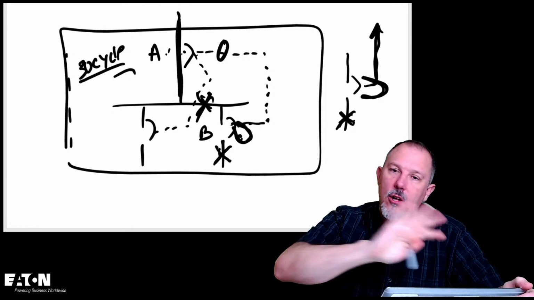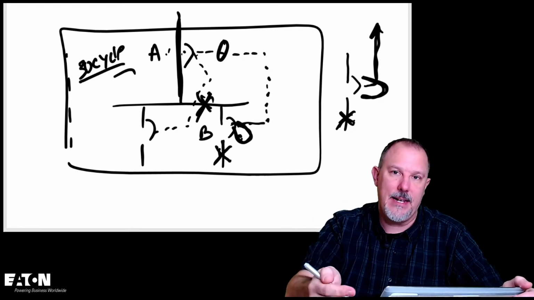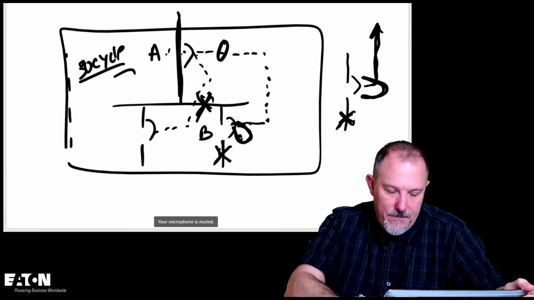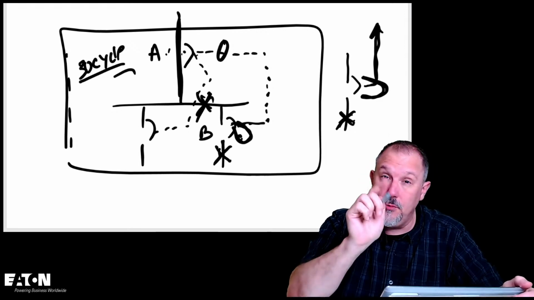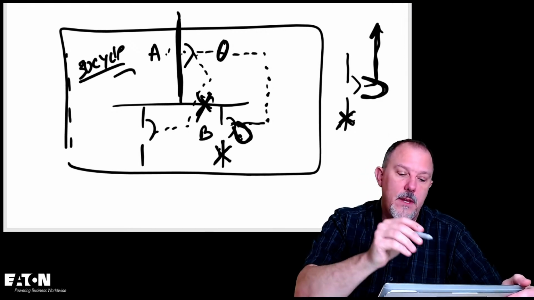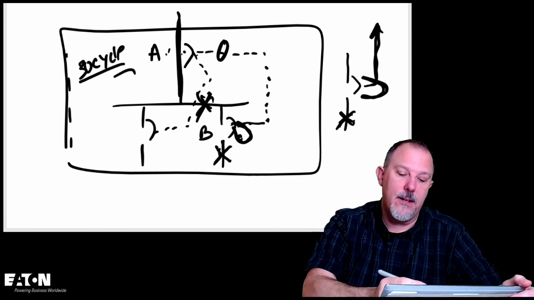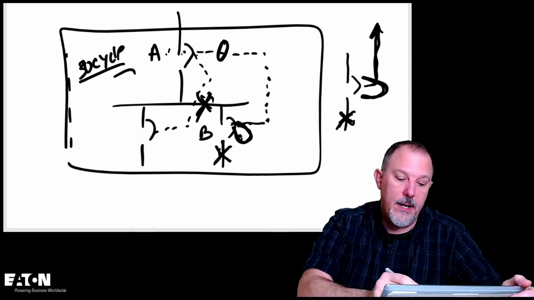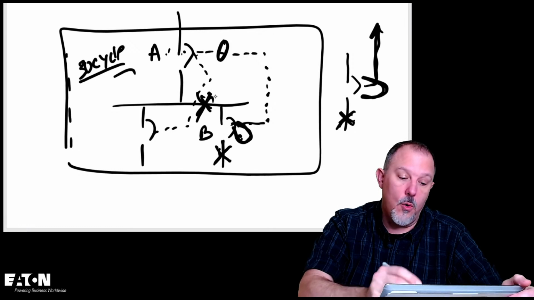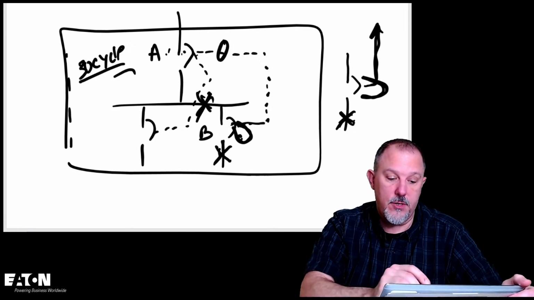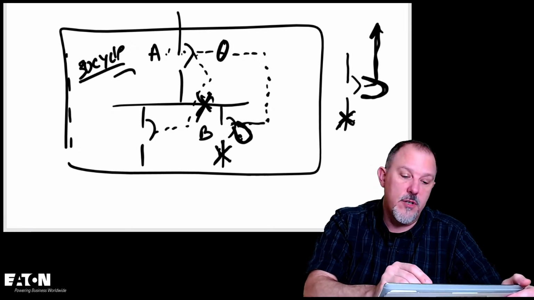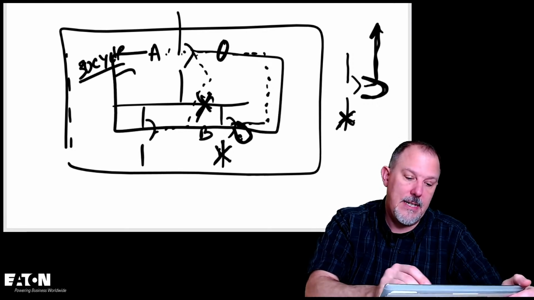It ignores all of your set points and trips instantaneously. Now, having said all of that, you know that when you zone selectively interlock two breakers or a series of breakers, your zone of protection is right here.